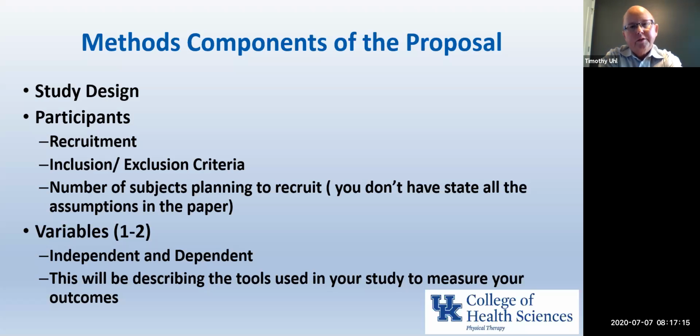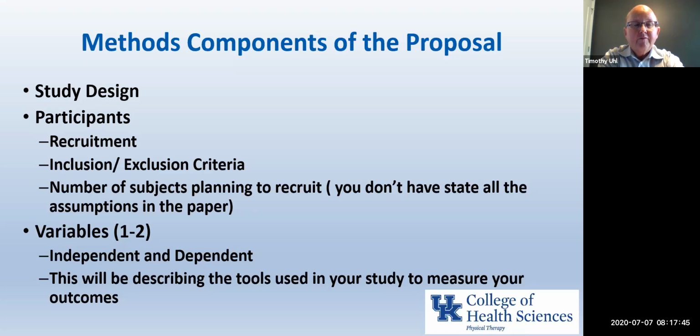So now when we get into the methods, this is where you're going to reiterate your study design and describe the key components out of your proposal. You're not going to be able to give tons of detail here, but you can give basic ideas of what your main inclusion and exclusion criteria are, and how you're going to do recruitment, whether from a sample of convenience from the general population or from some kind of advertisement.